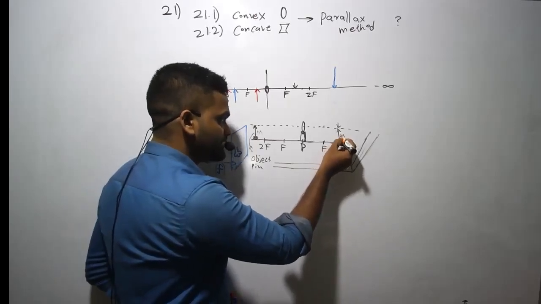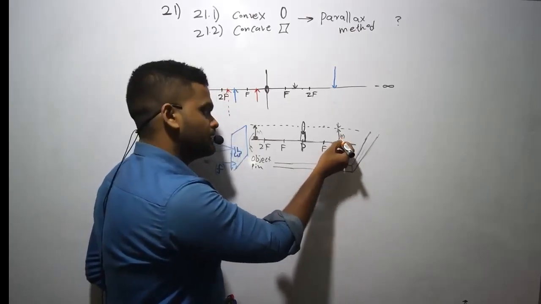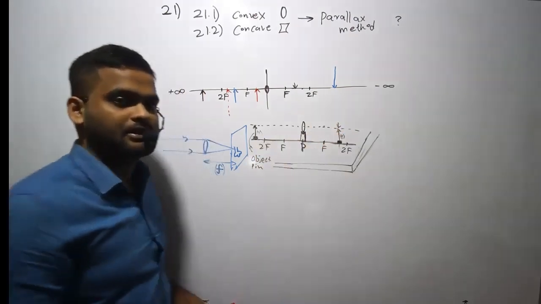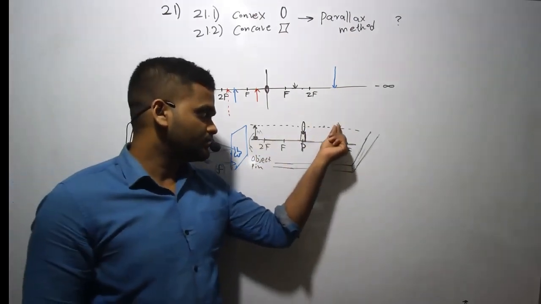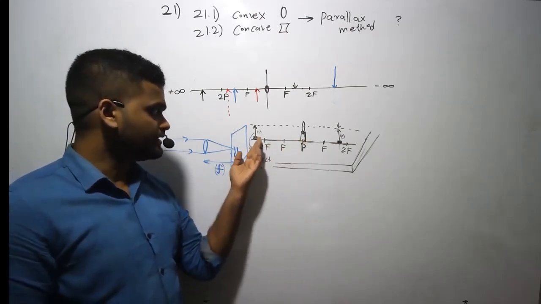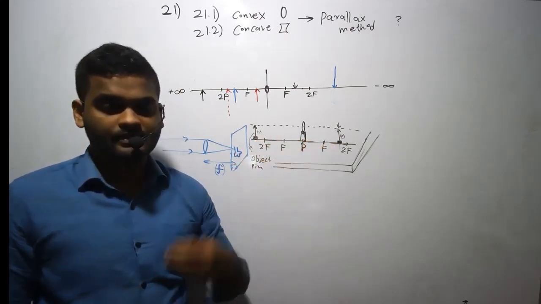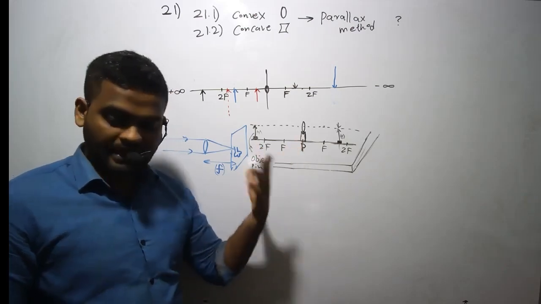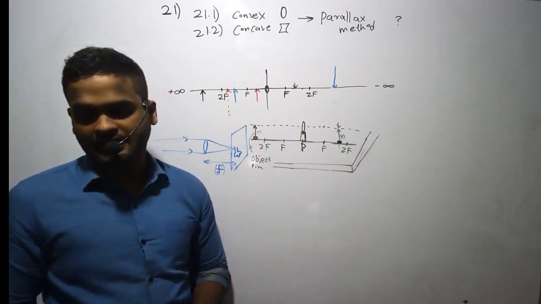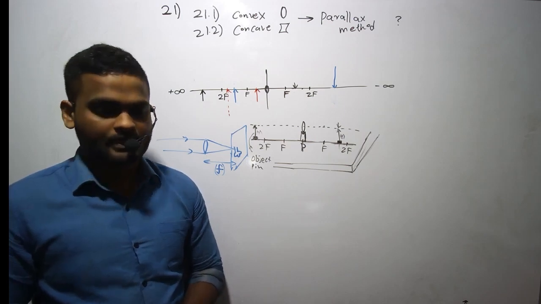You can observe the image, and using the parallax method, you can find the position. Once you find that, you know the object distance and image distance, and like that, you can have coordinates to draw the graph. That's basically what we are going to do.